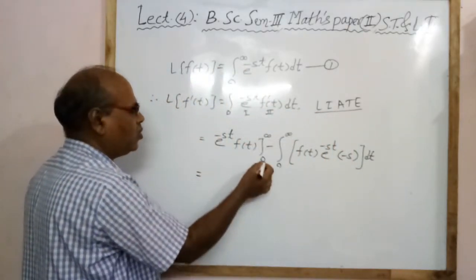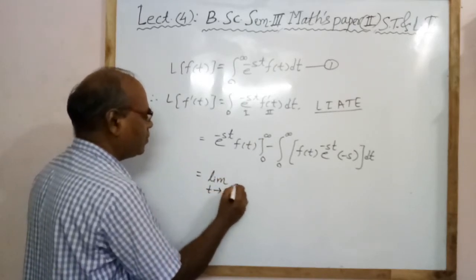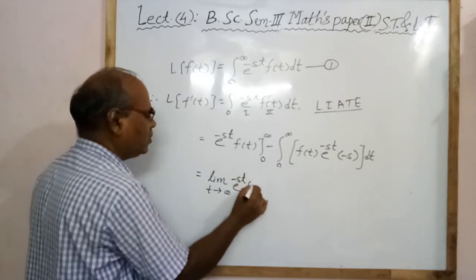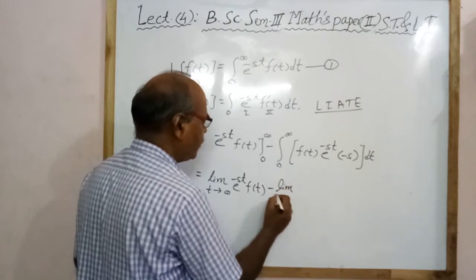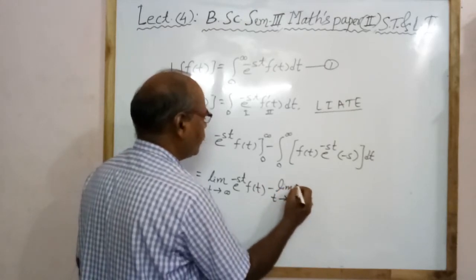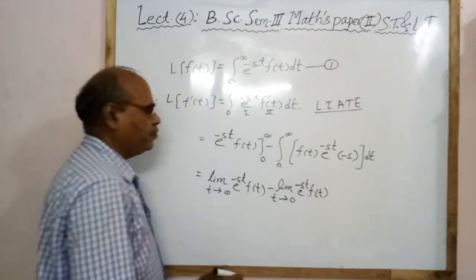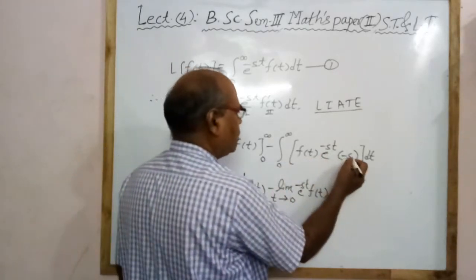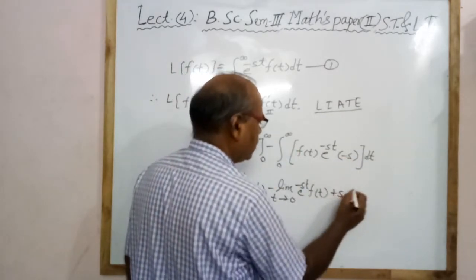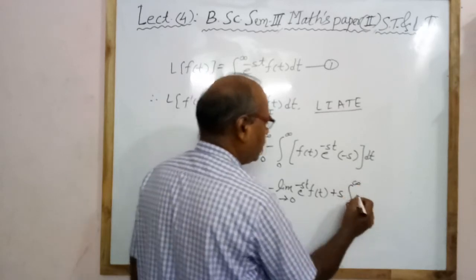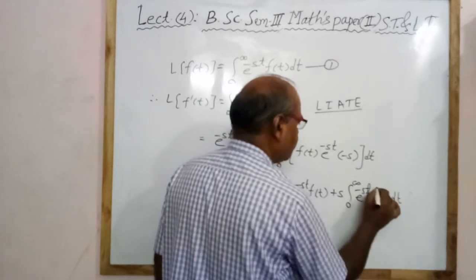The upper limit is infinity, lower limit 0. Therefore, limit t tends to infinity of e to the power minus st f of t, minus limit t tends to 0 of e to the power minus st f of t. Now taking the minus s outside the integration, minus of minus gives plus s, integration 0 to infinity e to the power minus st f of t dt.